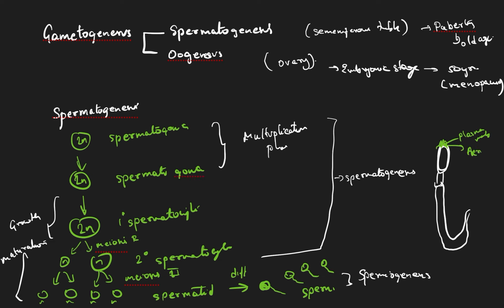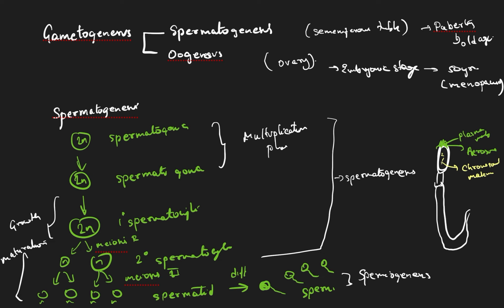It has acrosome on the top, then it has nucleus containing chromosomal material, this is chromosomal material. Then there is neck, so this is known as the head.